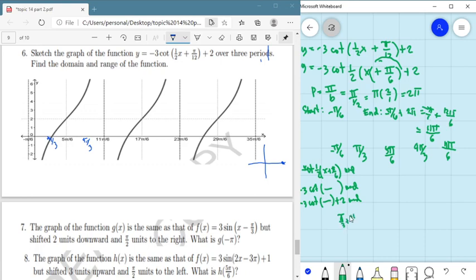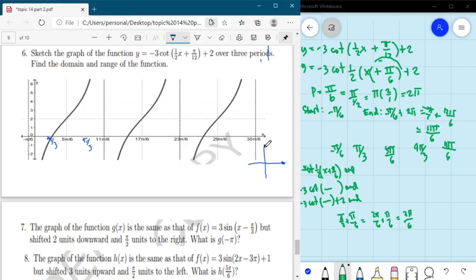plus pi over 6, we get 2 pi over 6 plus pi over 6 equals 3 pi over 6, which is pi over 2. So, in your cotangent, it should be cosine over sine. Your cosine here is 0 over 1.